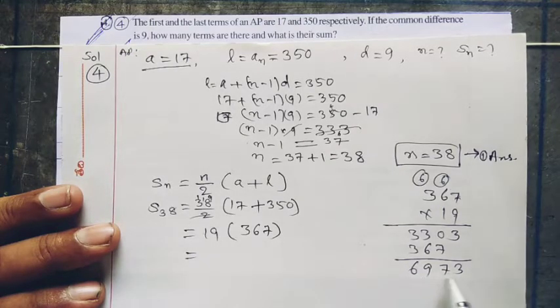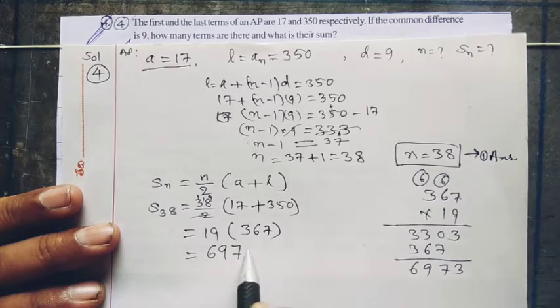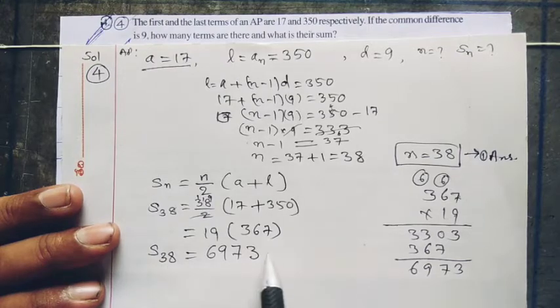So 6973. 6973, this is S38. So this is the second answer.